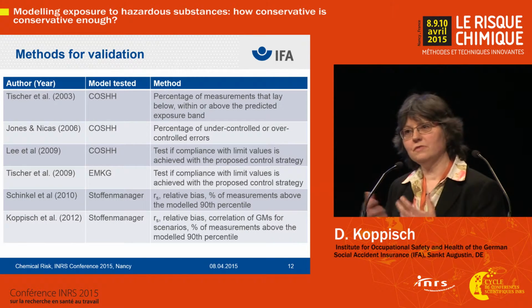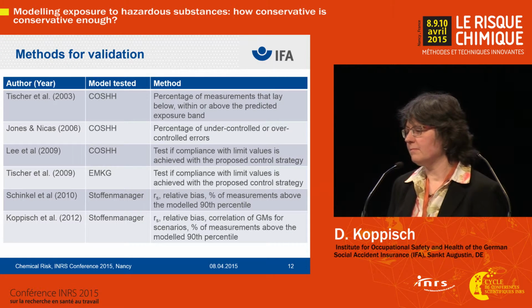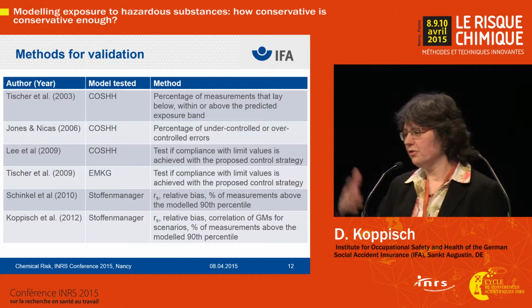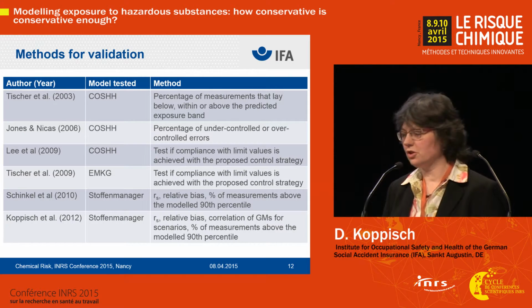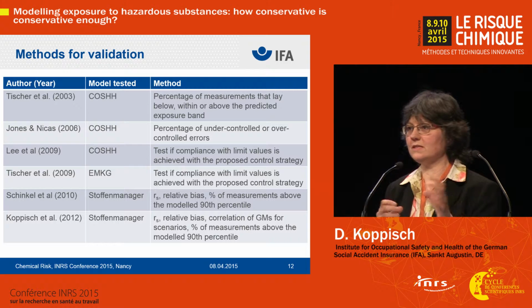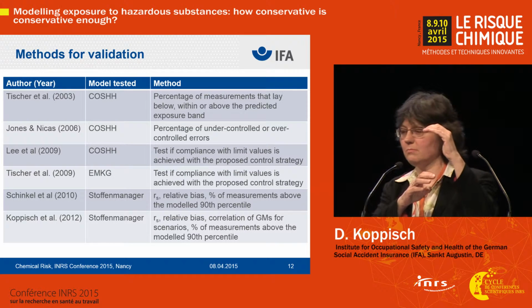So which methods of validation are used at the moment? I have some examples from validation studies, and the first four are for control banding tools. The method normally used is that they look at whether the measurement value is within the estimated exposure band that is modeled.